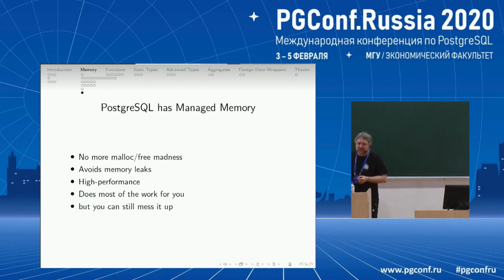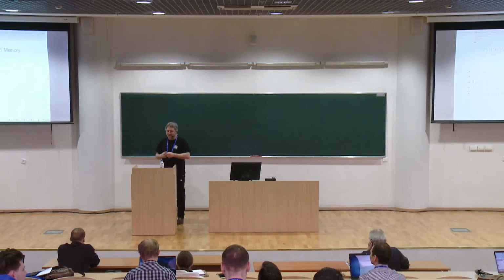What happens when we do palloc is we start with our current memory context, and there's a whole bunch of machinery around this. We consult the free space map in it, and we pull out a buffer on that. There's a lot of machinery here. So yes, it's going to be slower than just passing things around on the stack. And in fact, when we go through our examples, we'll find that we tend to avoid passing things around from palloc, except when they come in or out.